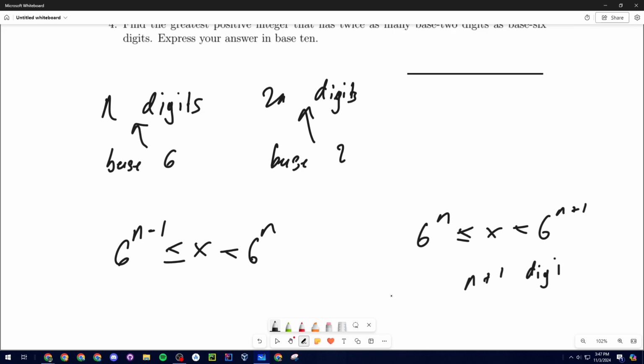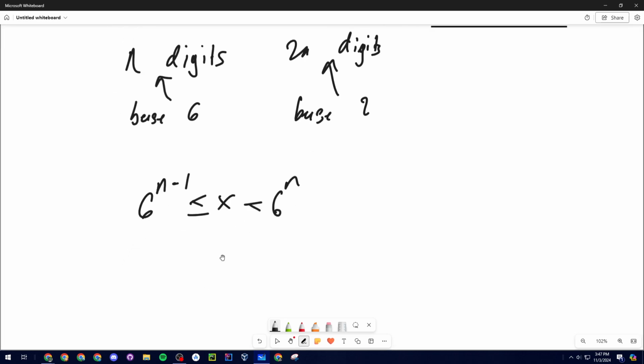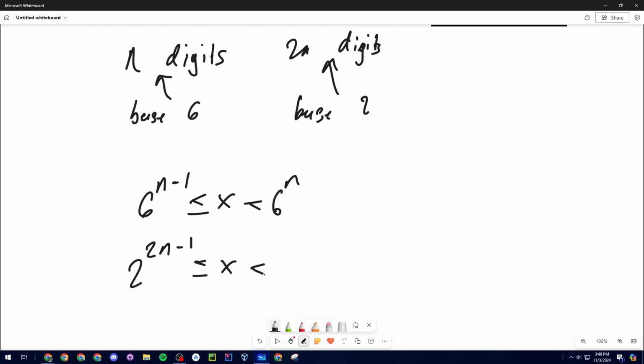The reason they're the same thing is just because you're shifting that n by 1. Okay, 6 to the n minus 1 is less than or equal to x is less than 6 to the n. Now, for the next one, 2 to the 2n minus 1 is less than or equal to x is less than 2 to the 2n.